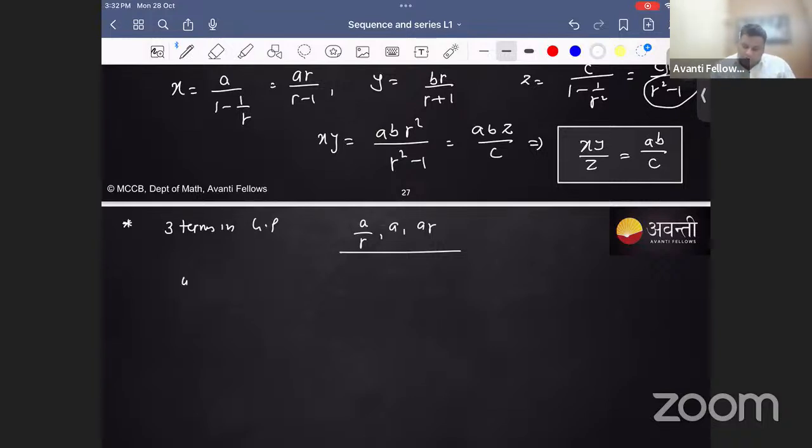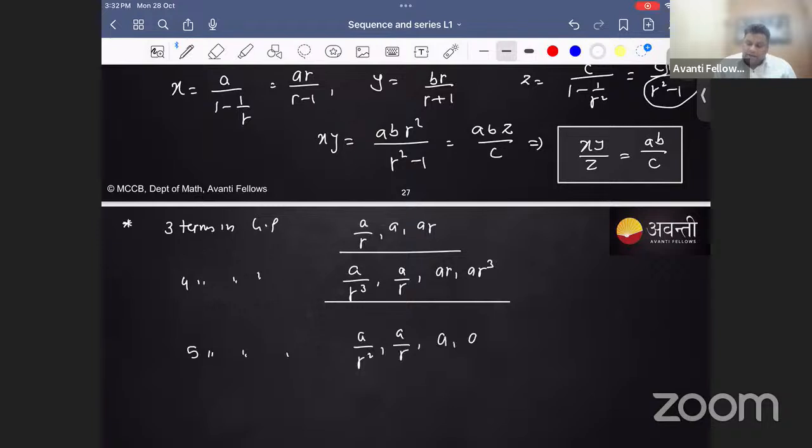But if four terms in GP, you will assume them like A by R cube, A by R, AR, AR cube. If you have to assume 5 terms, then A by R square, A by R, A, AR, AR square.